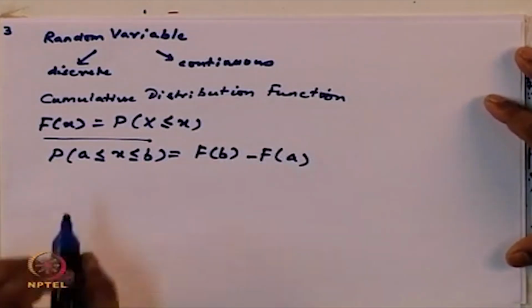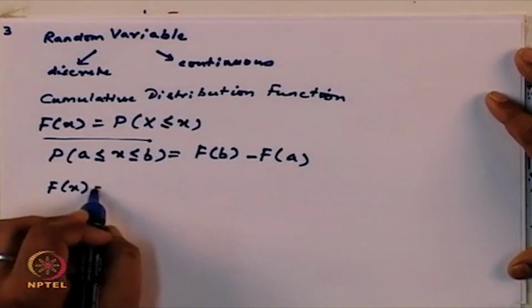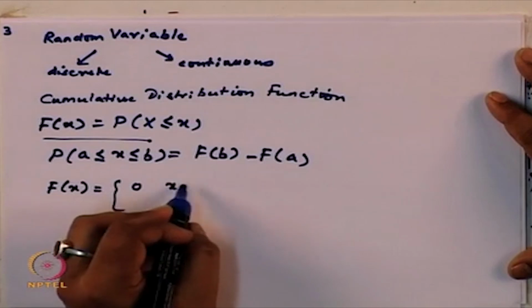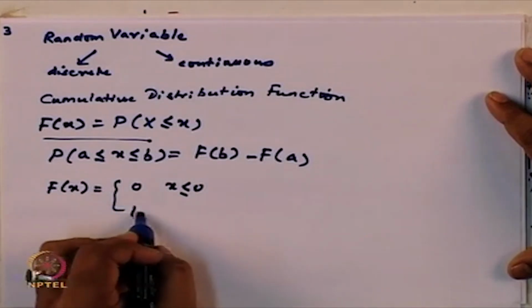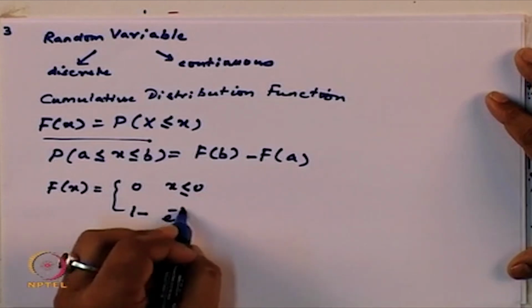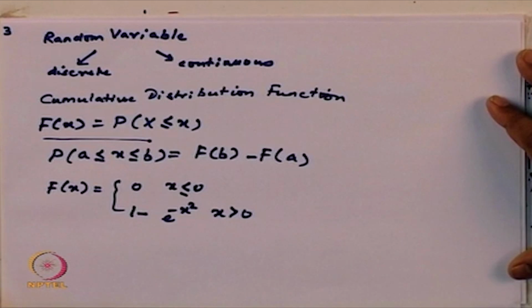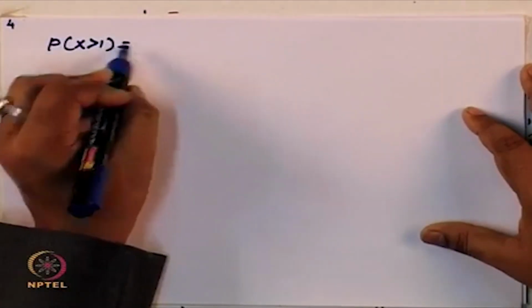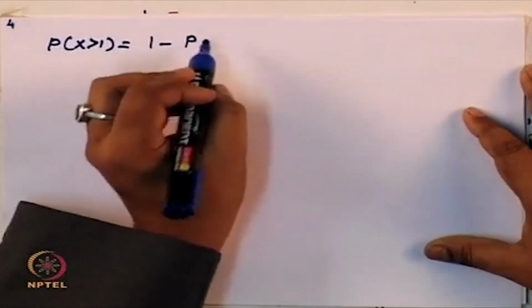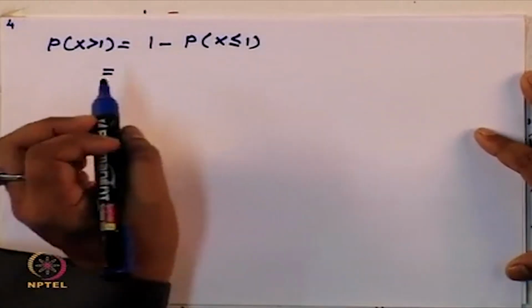Okay. So, let us take a simple case. So, imagine I define F of x as follows. Greater than 1, 1 minus probability X less than or equal to 1. Okay.